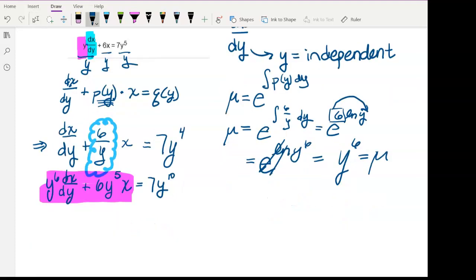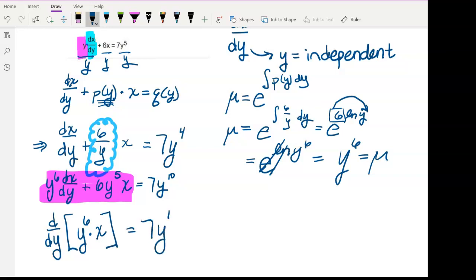The left-hand side of our equation is just the expansion of the product rule when we're asked to differentiate with respect to y. Our mu function, which is y to the sixth, times our dependent variable, in this case x, equals 7y to the 10th.